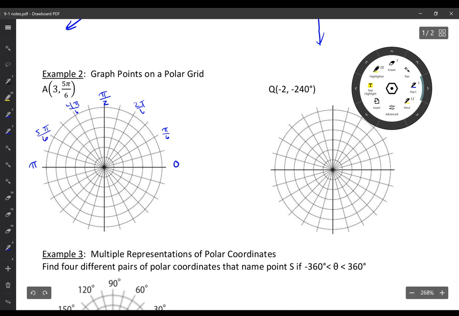So I found 5 pi over 6. So I will go around to 5 pi over 6, and then 3 units. So 1, 2, 3 units would be right here. You can see this line shows 1 from my pole to that first line is 1, to the second line is 2, to the third line is 3. So that's going to be A.